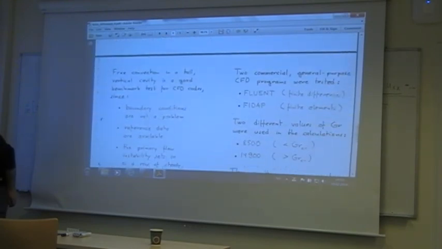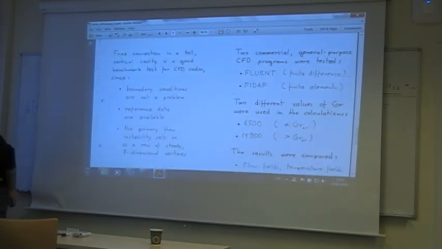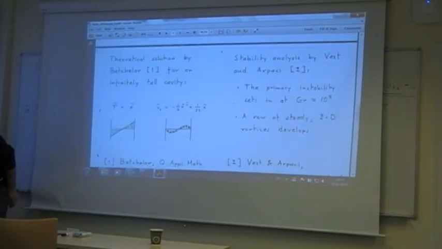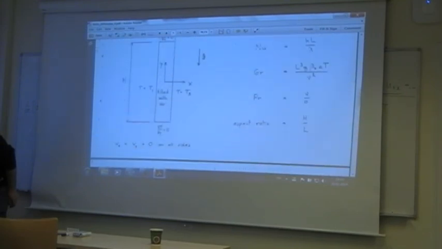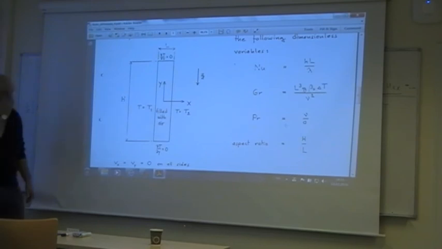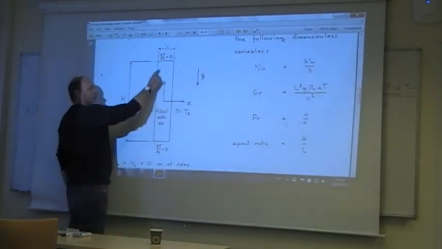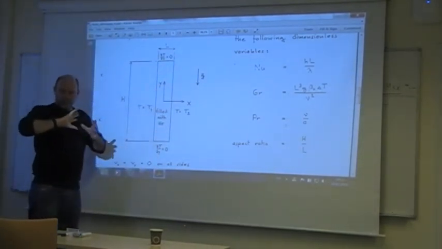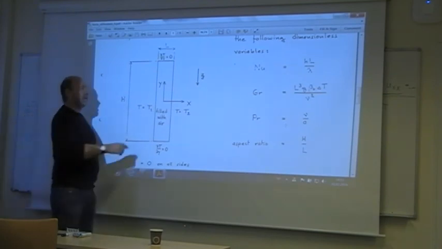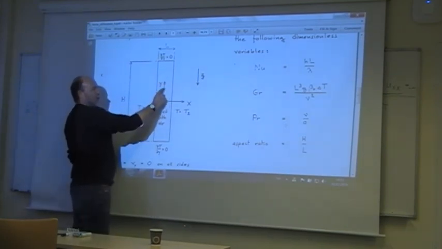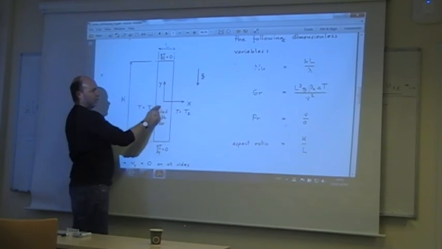If you have a higher Grashof number, more than 10,000, what's going to happen then? Well, this elongated long vortex is going to break up into many small ones. So then you will have some alternating vortices all the way down.